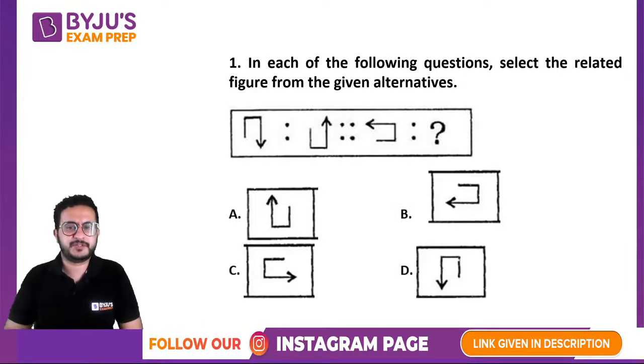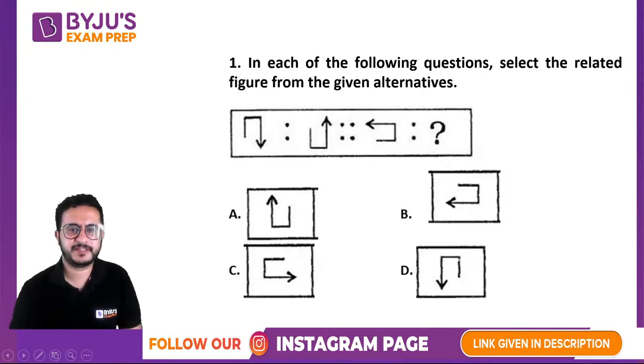This is a question which is based on analogy. Quite a simple one. You have to tell that if this first figure holds some relation with the second figure, the same relation exists between the third and fourth figure.